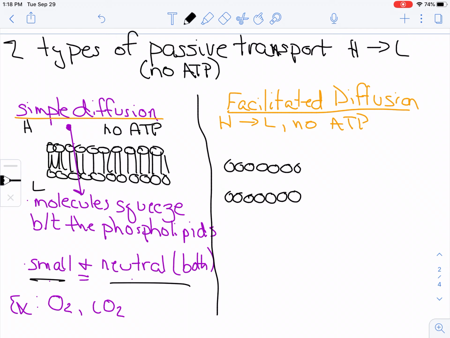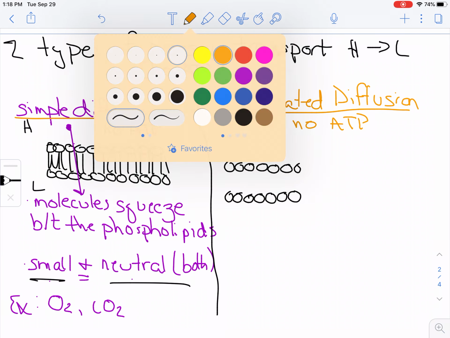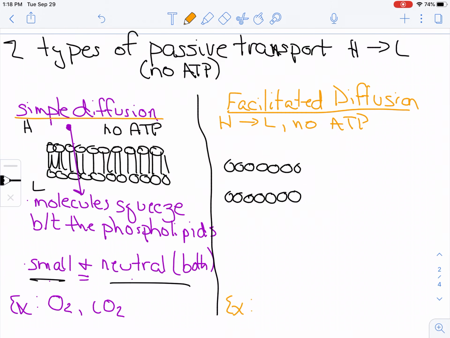For example, glucose. The chemical formula for glucose is C6H12O6. That's a pretty big molecule compared to CO2 and O2. There are a lot of atoms that make this thing up, so it is pretty big.